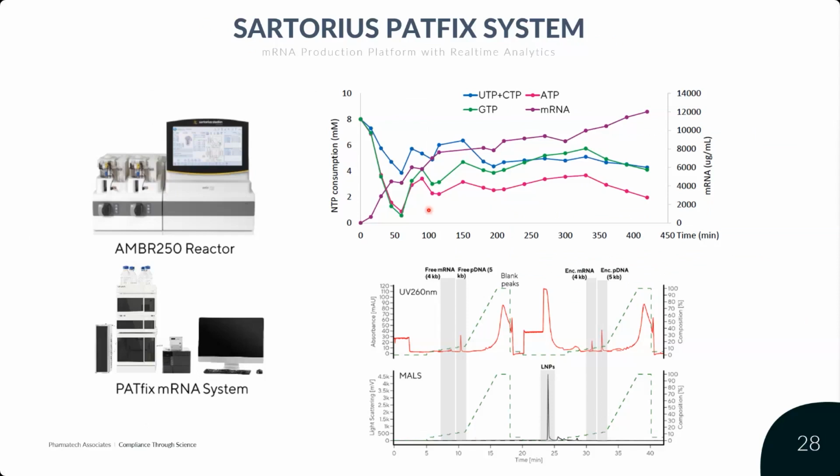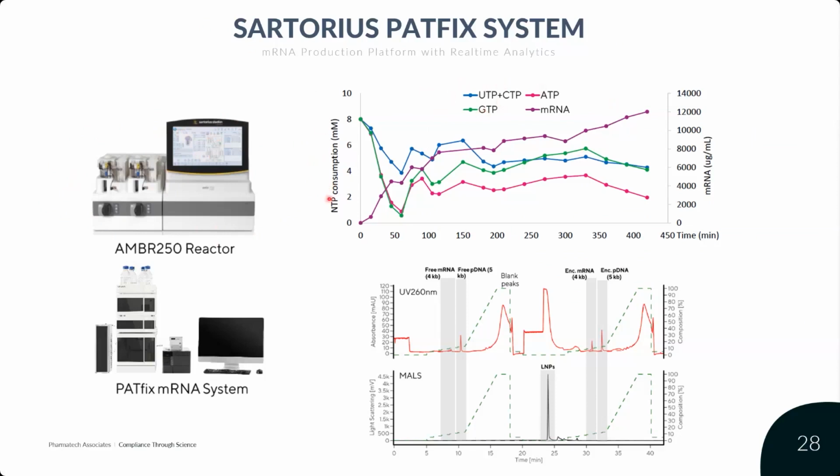And then additionally, we had talked about process analytical technologies to give you better insights into how your process is progressing. Sartorius has come up with this PAT system that not only combines the in vitro transcription reactor, but also has real-time analytics on the nucleotides being consumed.